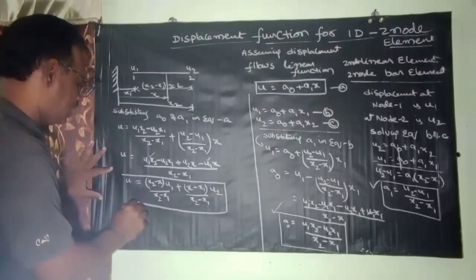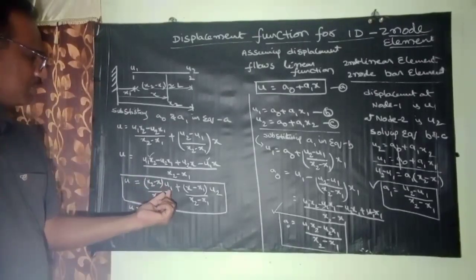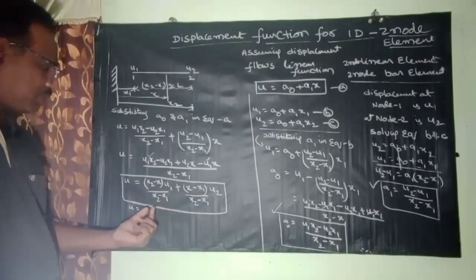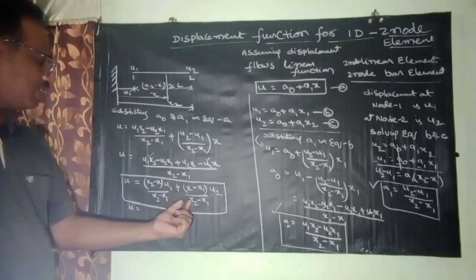Now I will rewrite this equation, because here the displacement function is available in terms of the nodal displacements u1 and u2, and some constants like x2 minus x and x minus x1 by x2 minus x1.